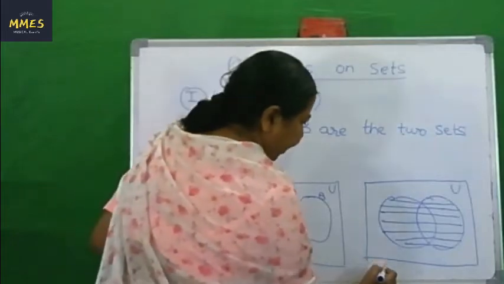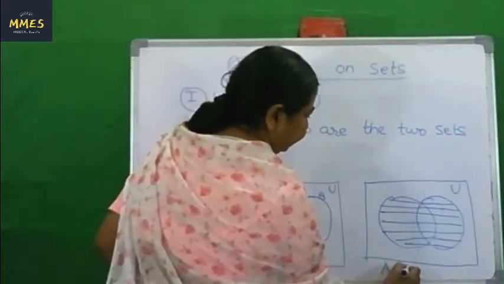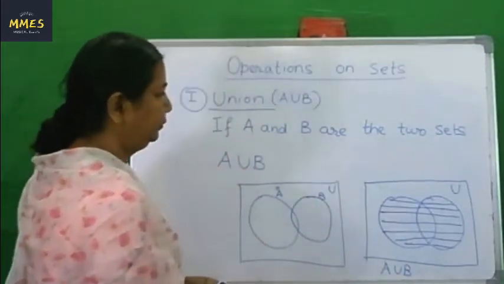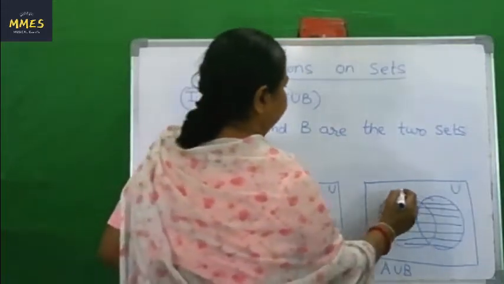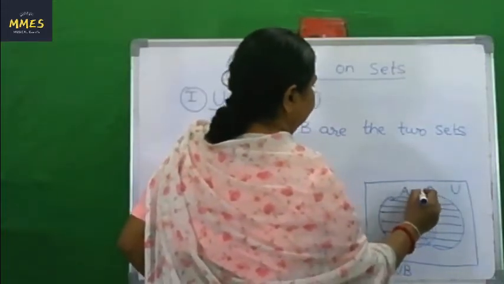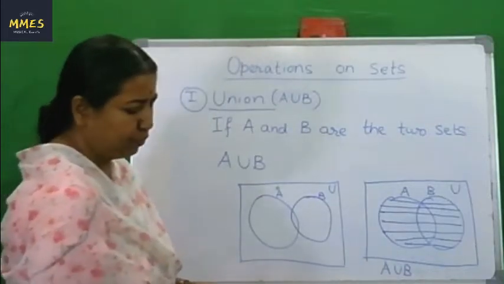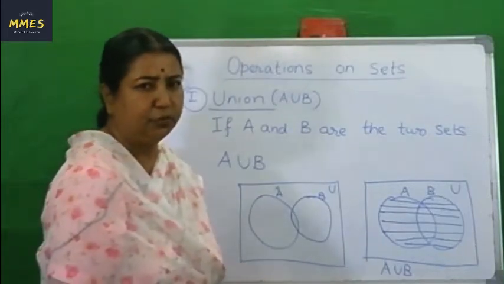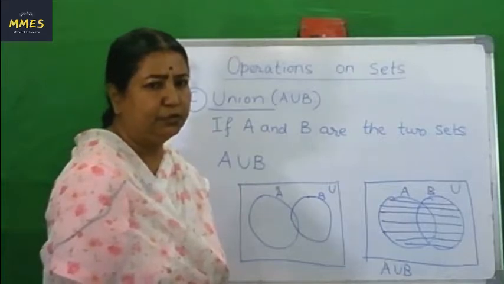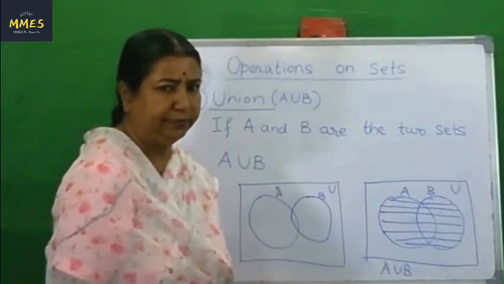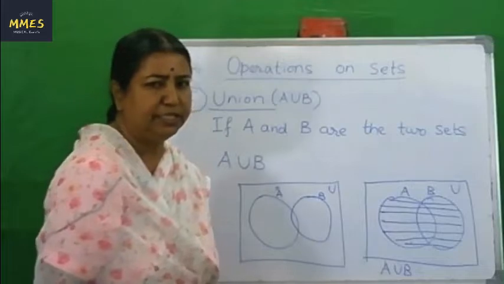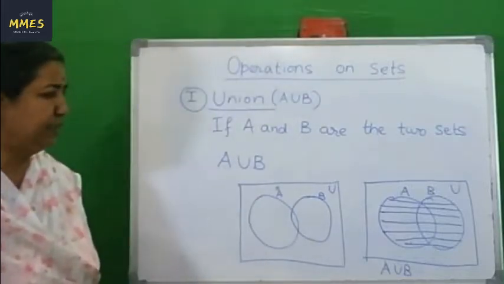So it consists of the elements of A or the elements of B or the elements of both A and B. So the shaded region is nothing but A union B.